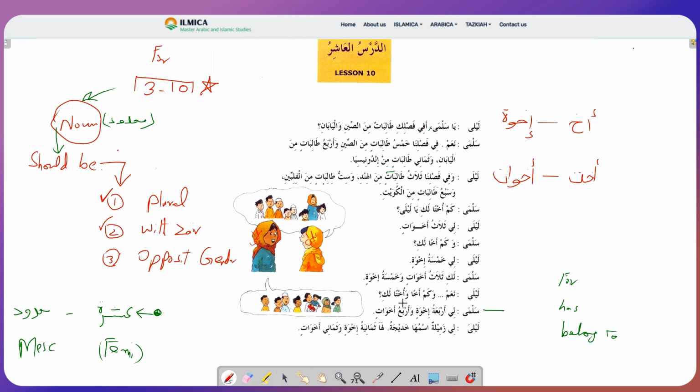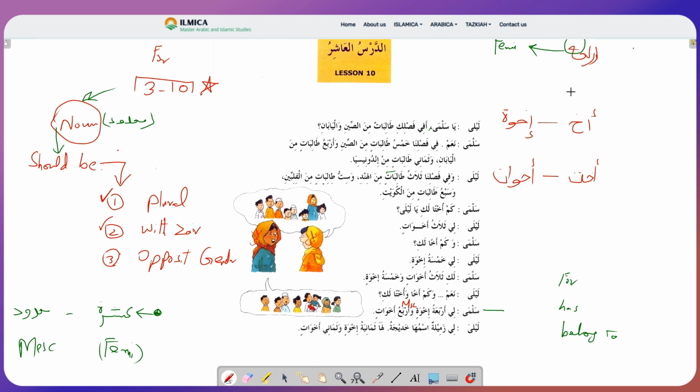There is no round ta, so we consider this number masculine. Arba'u. Got it? If it is arba'atun, because of this round ta, we consider this word feminine.